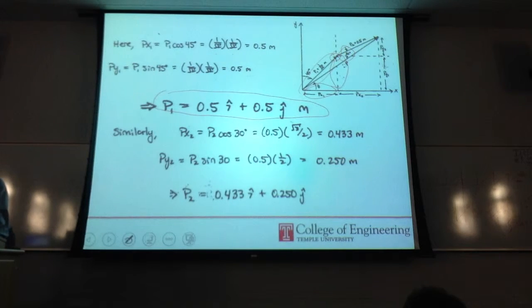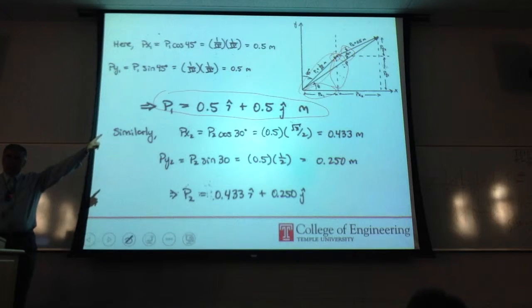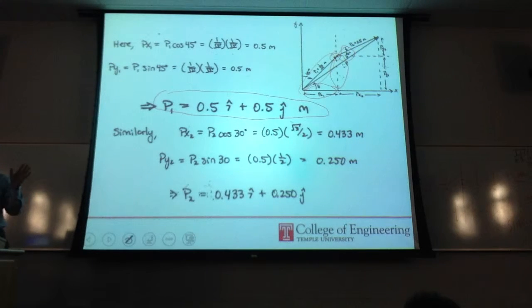Would you, for P2, would you add the x values together from both P1 and P2 to get the coordinate? No. Because what you're effectively doing in that case, you're giving me the location of the end of the two-link vector. I'm not interested in that.